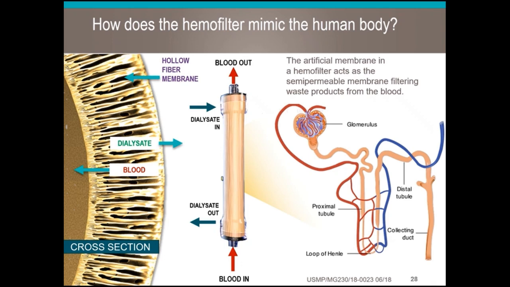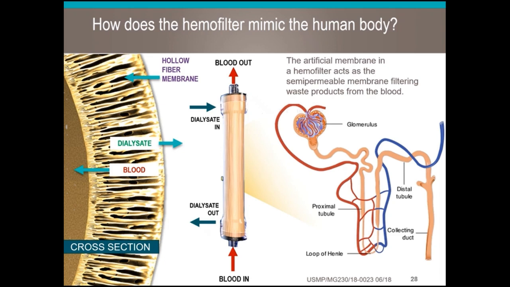So certain solutes can pass across that membrane and certain solutes can't. In this cross section you would see that blood would be going through the center of that hollow fiber. The dialysate would be infused on the outside of that hollow fiber, and the dialysate and the blood never touch. And certain solutes will be able to move across the pores of this semi-permeable membrane.